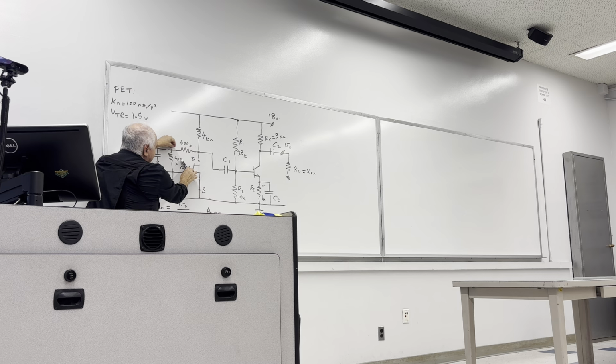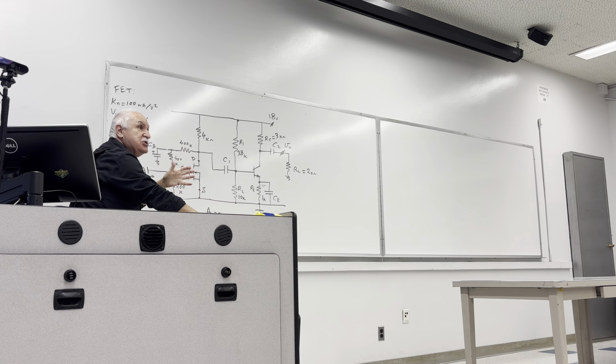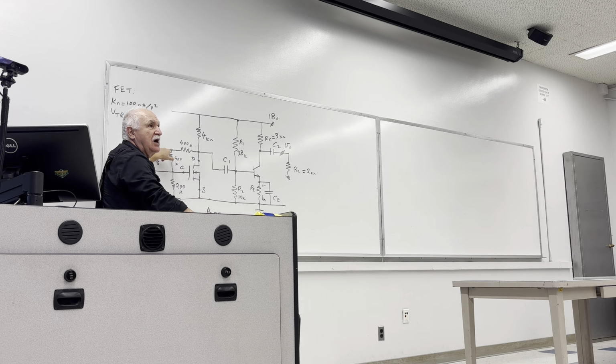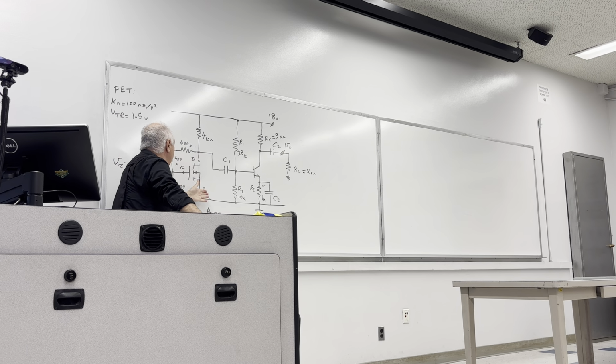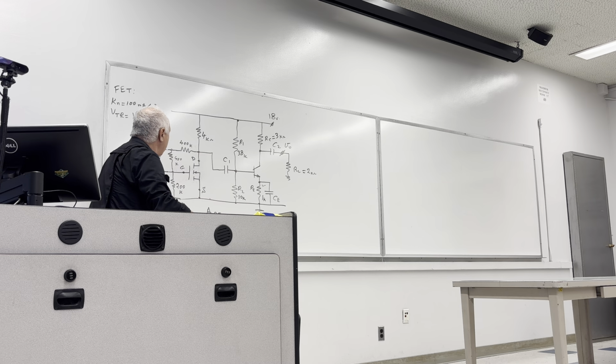From this point, it will be shorted to the ground, AC-wise speaking. So this is for grounding that point under the AC. So the amplifier will turn into a simple common source amplifier. We will draw the equivalent circuit later when we do the AC analysis.